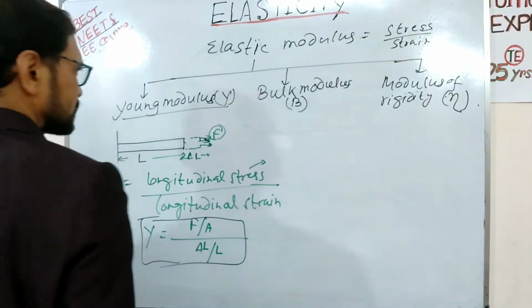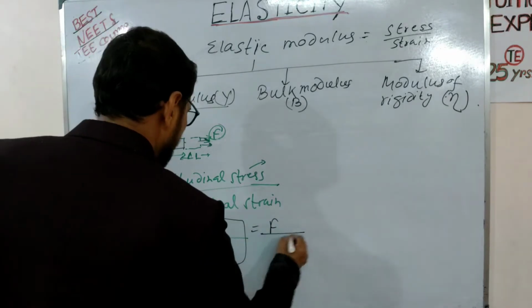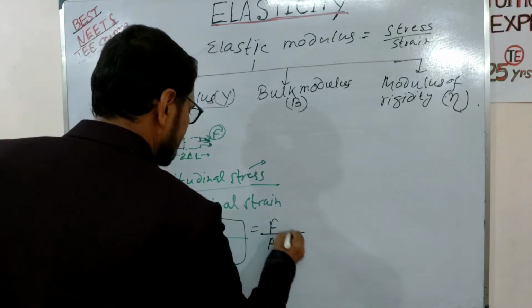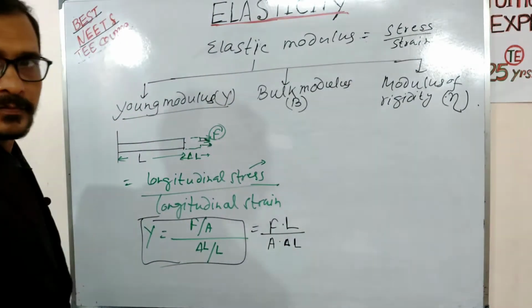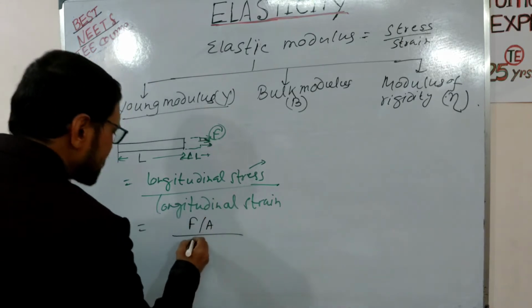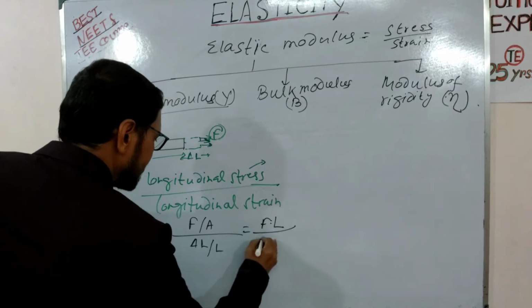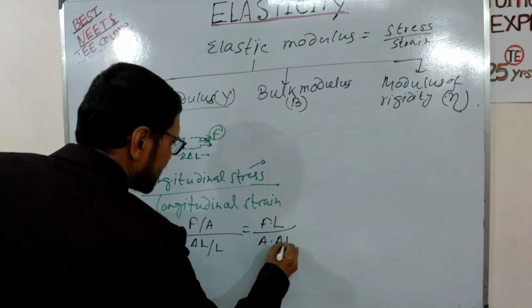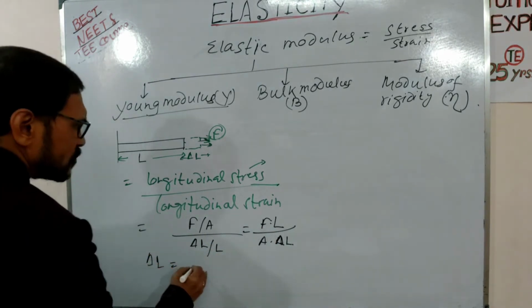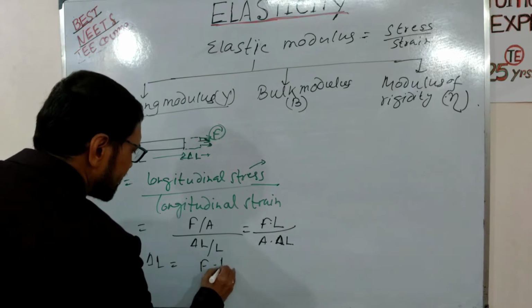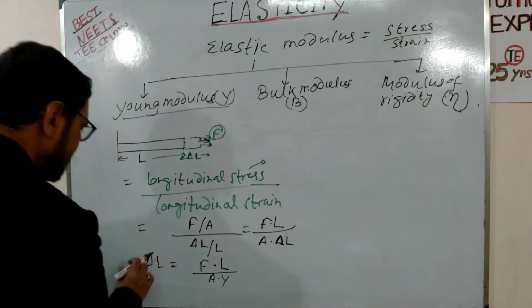From this we get F into L equals A into del L into Y. So del L equals F into L by A into Y. This is very important.